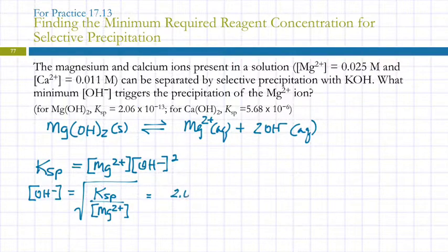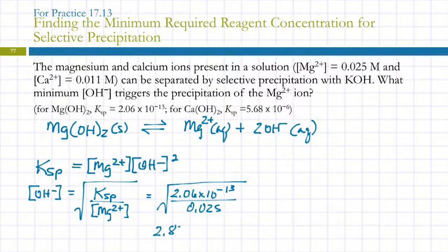And so KSP is 2.06 times 10 to the minus 13, dividing by the magnesium ion concentration, 0.025, and the square root. So 2.871 times 10 to the minus 6 molar.